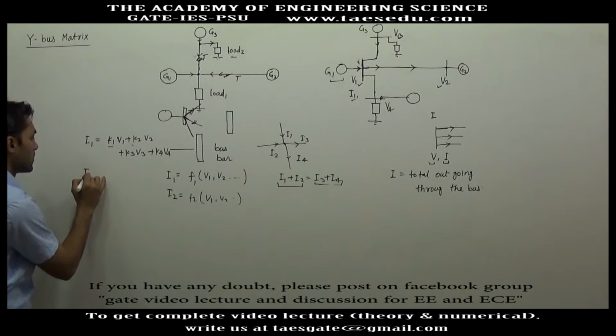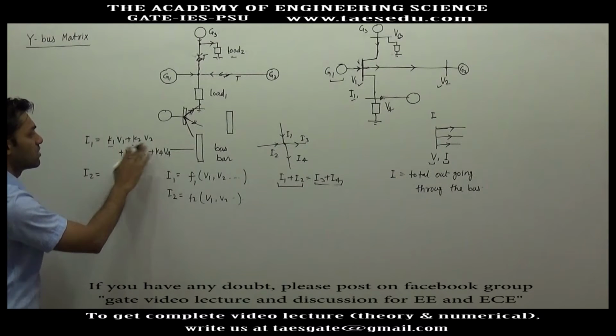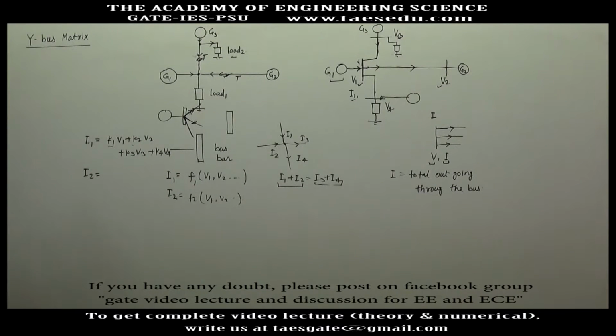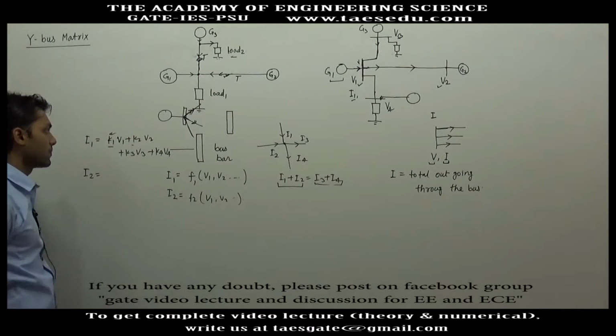Similarly, we may have I2 equal to some other constants into V1, V2, V3 and V4, and the unit of these constants will be admittance.